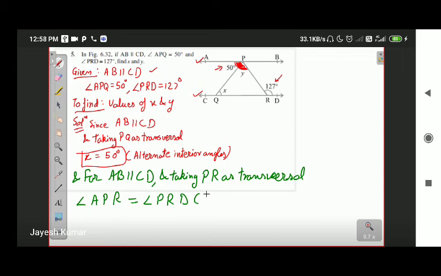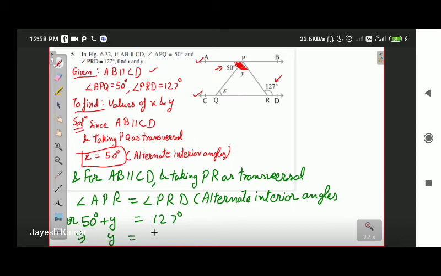Why so? Alternate interior angles. Now we already know the value of angle APR. We know APR is the sum of 50 degrees plus y. And angle PRD is 127 degrees, as that is given to us. So we can easily determine the value of Y. The value of Y is 127 degrees minus 50 degrees.